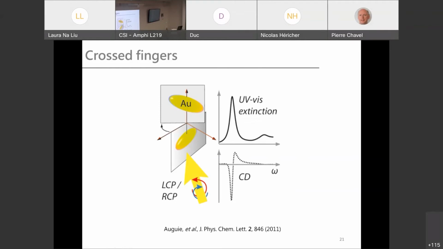When light interacts with such cross-finger structures, plasmons can be excited in these two gold nanorods, and they will work as two effective dipoles that interact with each other. And this is a chiral plasmonic structure. In the end, we can also have CD spectra from the structure, and the CD response can be much, much stronger compared to the case of the spherical helices.